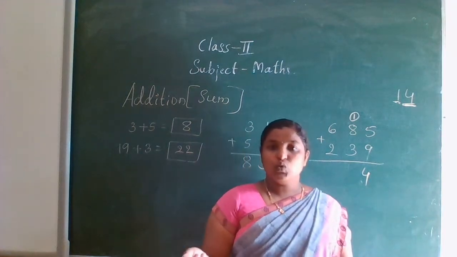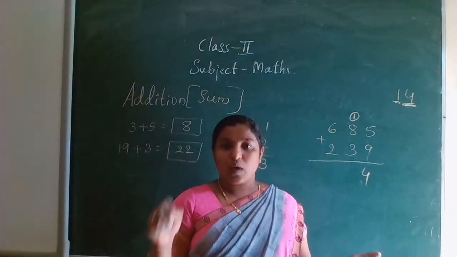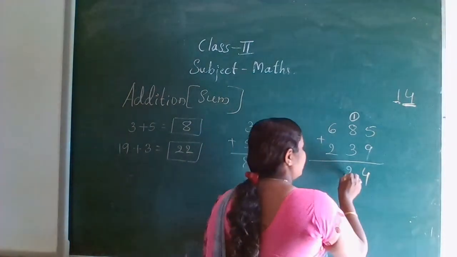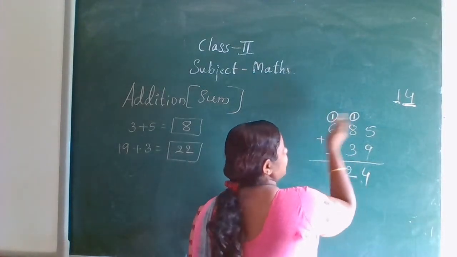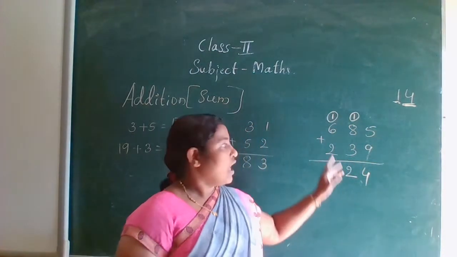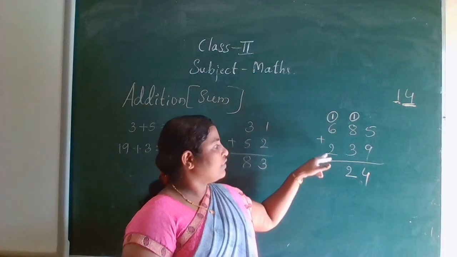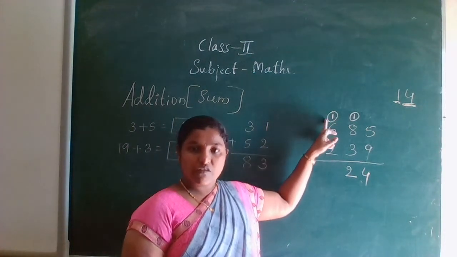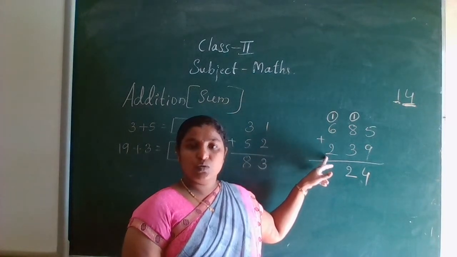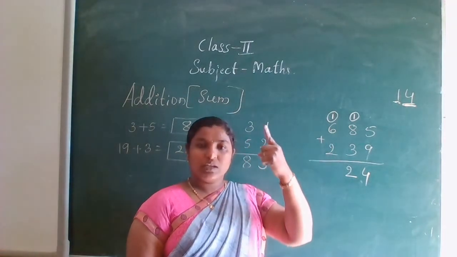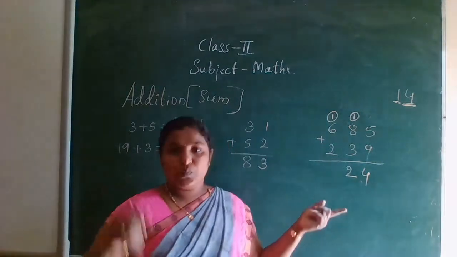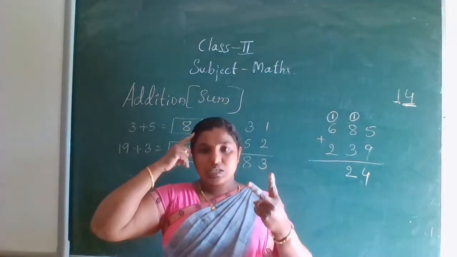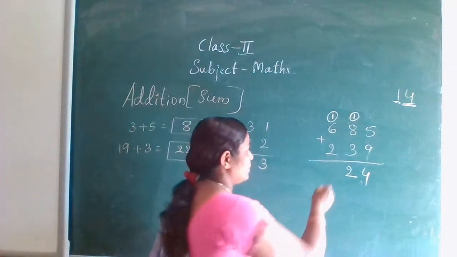Again we got 2 digits, 1 and 2, 12. 2 right here, 1 give carry to the next number. Again add 6 plus 1 and then 2. All 3 numbers we should add. 6 plus 1, 7. 7 plus 2, 7, 8, 9.